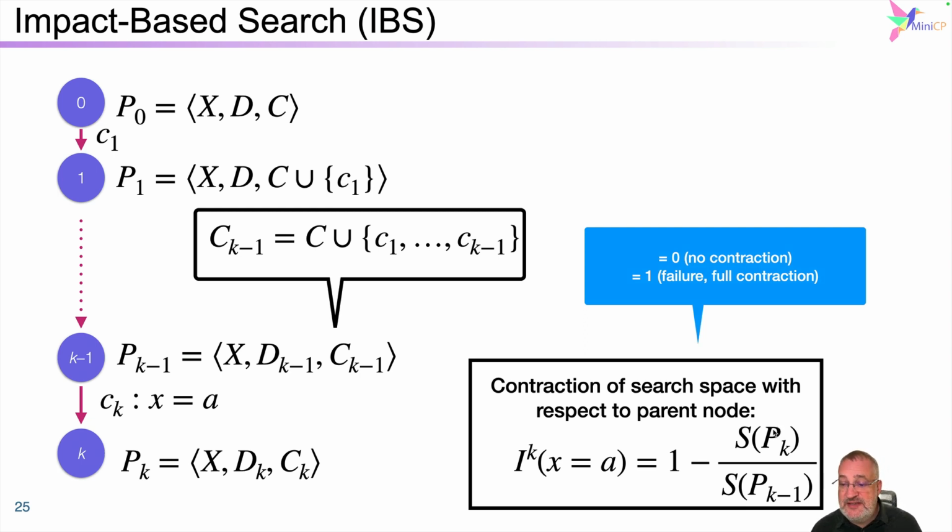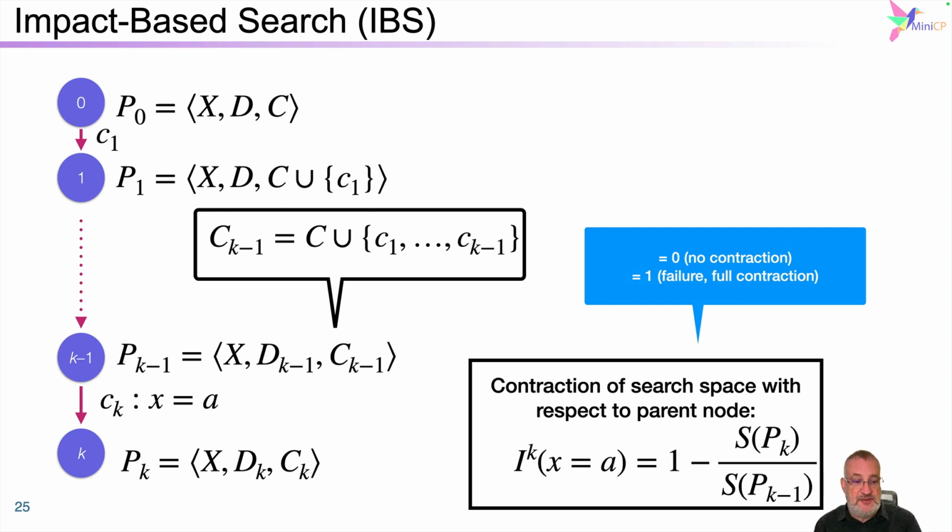So what is this number going to look like? Well, if you think about it, if you make a decision that has no impact, and it's possible, right? You fix a variable to the value it already has in the CSP. It will have no impact. In that case, the size after and the size before are equal because there will be no propagation. So the ratio would be 1. So the ratio is 1 when there is no impact whatsoever.